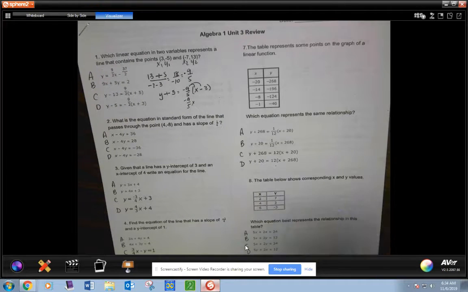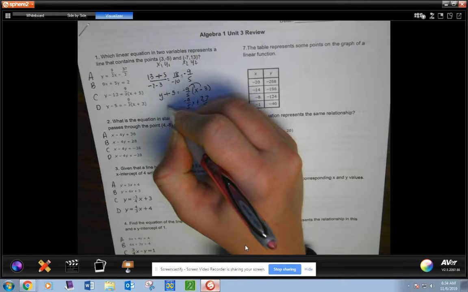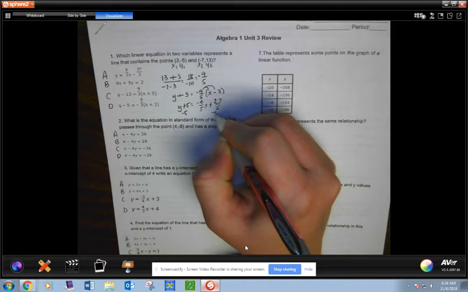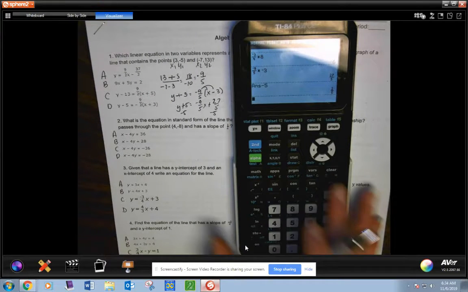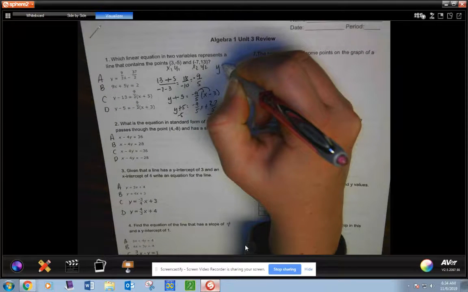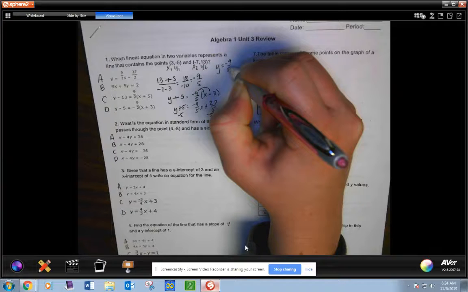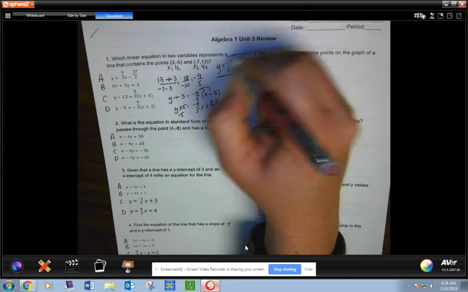Bring down y plus 5 equals, subtract that 5. So now 27 over 5 minus 5 gives me 2/5. So I need the equation y equals -9/5 x plus 2/5. That's what I'm looking for.